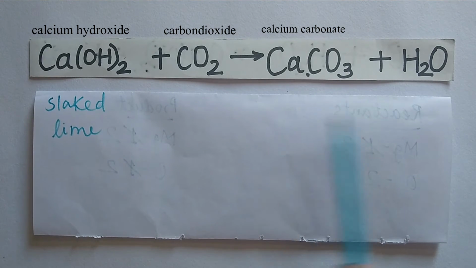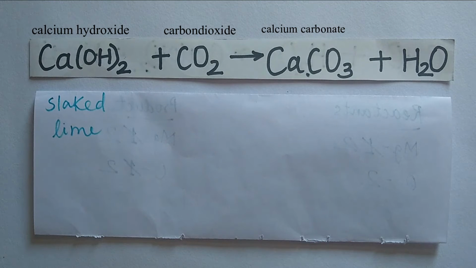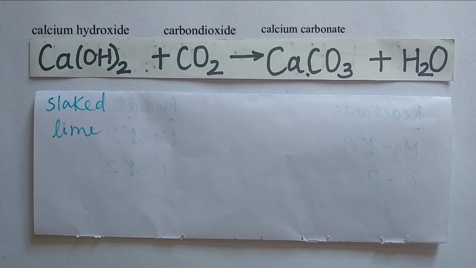That is because of the formation of calcium carbonate. And it is also to be noted that CaCO3, which is calcium carbonate, is also the chemical formula for marble, right? Because even marbles are shiny, and the wall, because of your whitewashing, also becomes shiny.